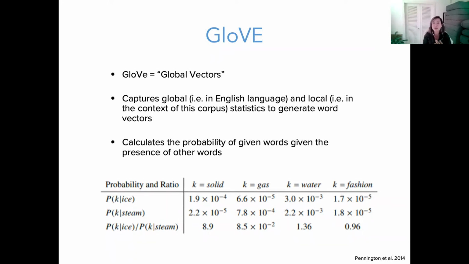And what it does is it calculates the probability of certain words given the presence of other words, first based on what the user's already labeled, along with a global corpus of the English language and word meaning.